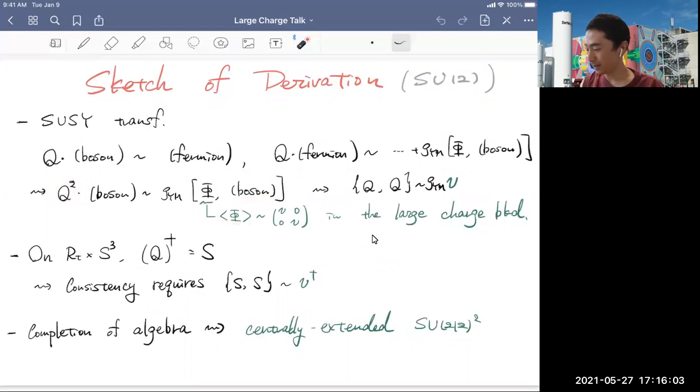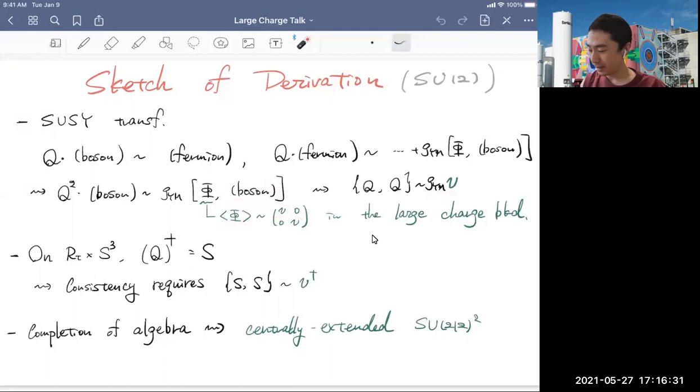So, if you consider, for example, SU(2) theory, and take a boson living on this off-diagonal part, then the action of the anti-commutator on such an off-diagonal boson is given by g_YM times v, where v is the expectation value that the field gets because of the large charge operator.